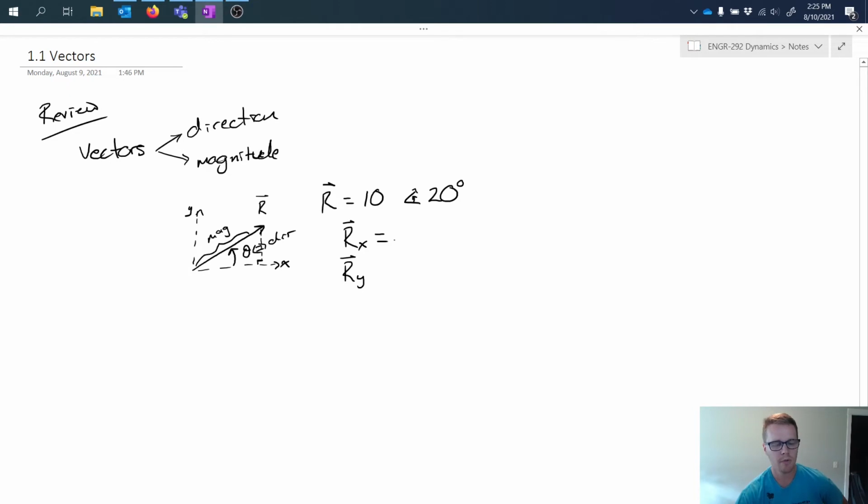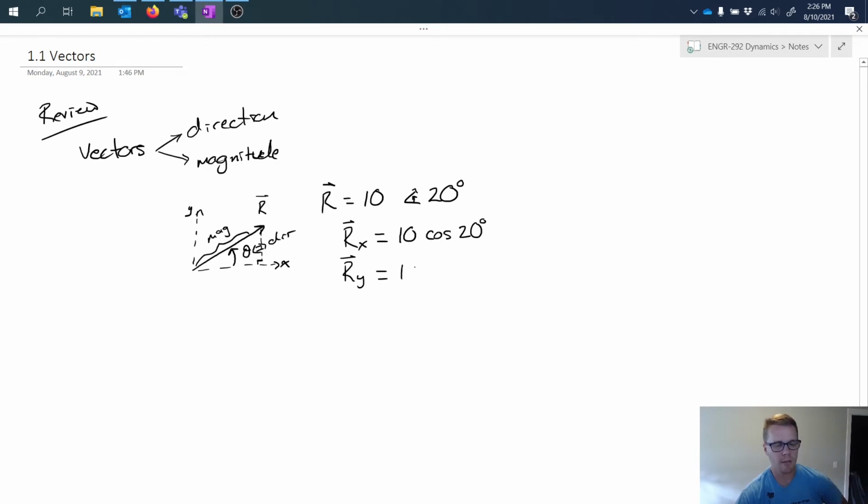So hopefully everyone is familiar with standard conventions for these things, but basically my vector in the x direction would have that magnitude of 10 brought down, and because I'm talking about the x component, which is the adjacent side to my angle, I would be using the cosine of my angle.